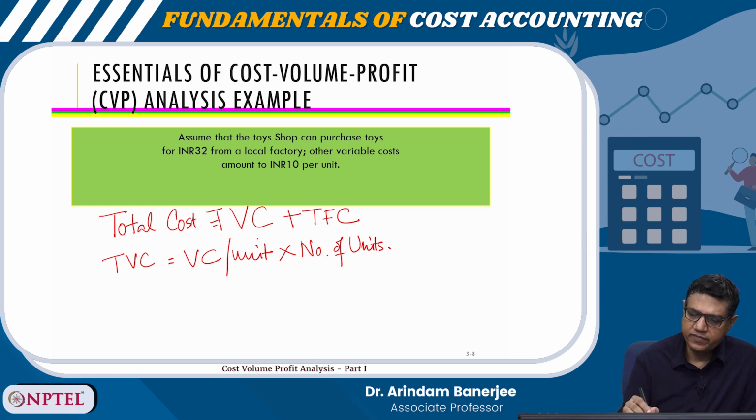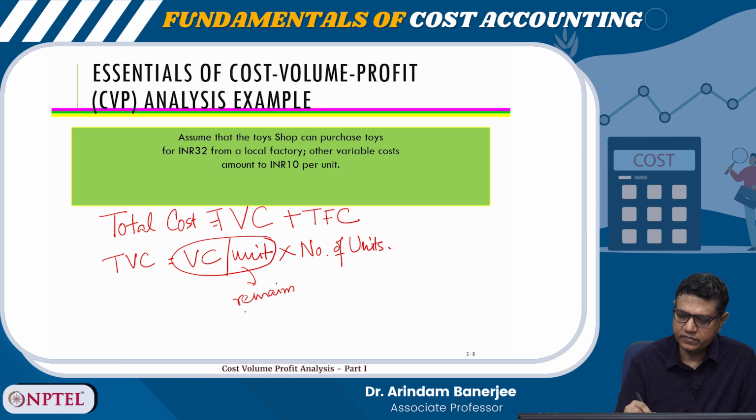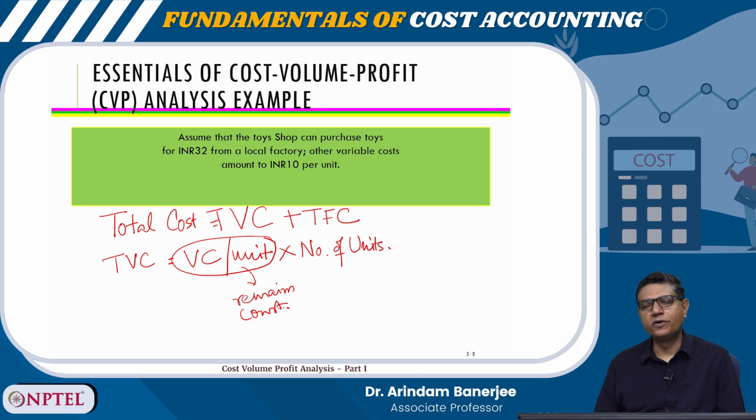Now, this variable cost per unit remains constant. So, if say variable cost per unit is rupees 2, then if I produce 10 units, my total variable cost will be 20. If I produce 100 units, my total variable cost will be 200. If I produce 1000 units, my total variable cost will be 2000, right.